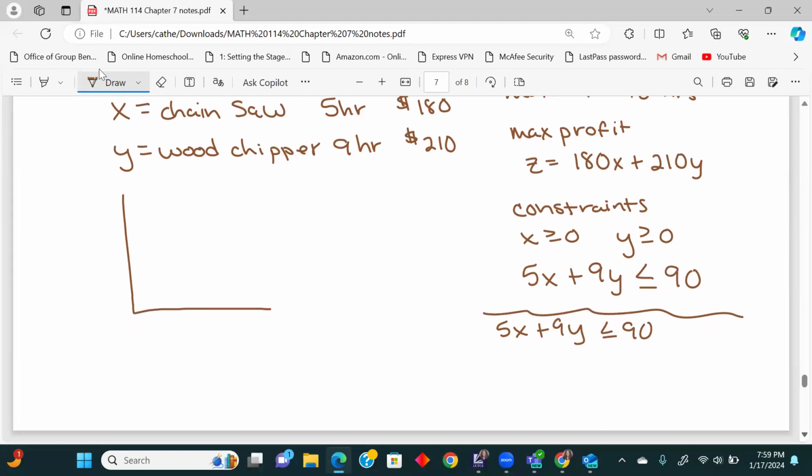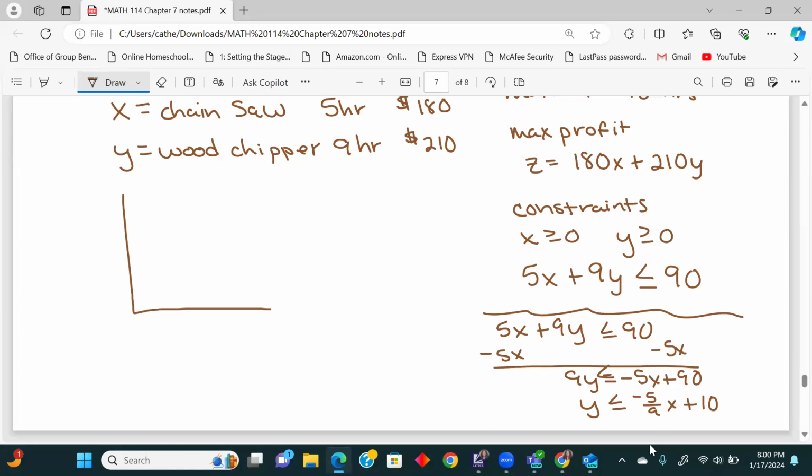Let's solve for Y so we can find some points. Divide out the 9.